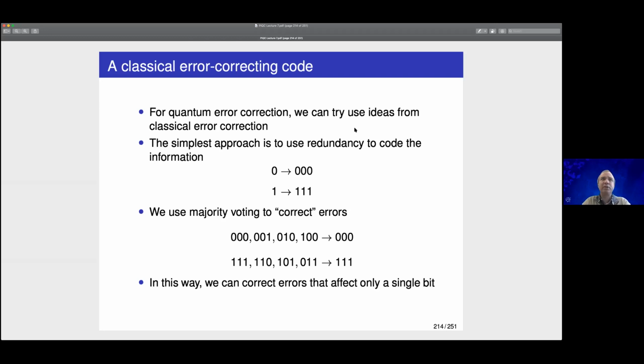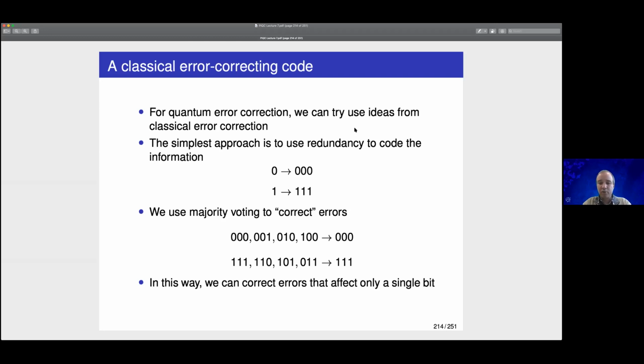So the most typical, or the simplest, way of trying to correct errors in the classical setting is, as I told you before, by using redundancy, by using multiple copies of the same information. So imagine, for instance, that you want to transmit a bit over a noisy channel, or to store a bit in memory, but there may be some noise, and then this memory can get corrupted, or the bits there can flip.